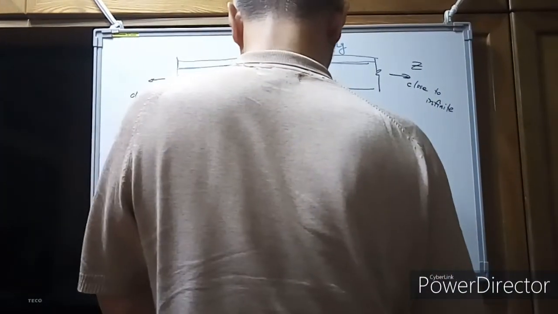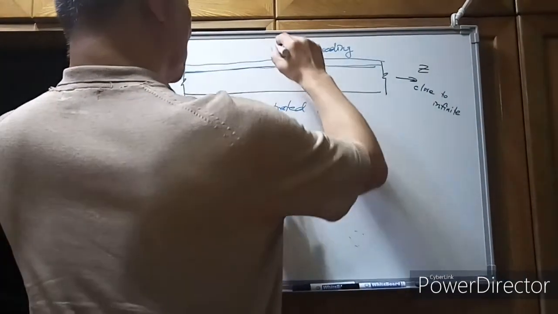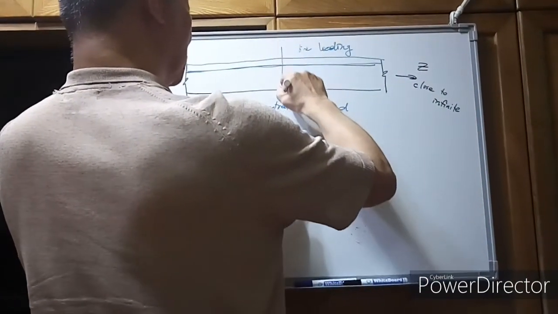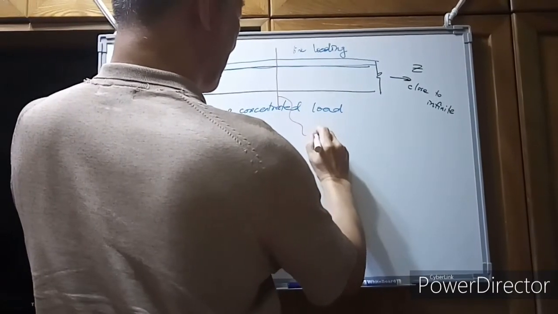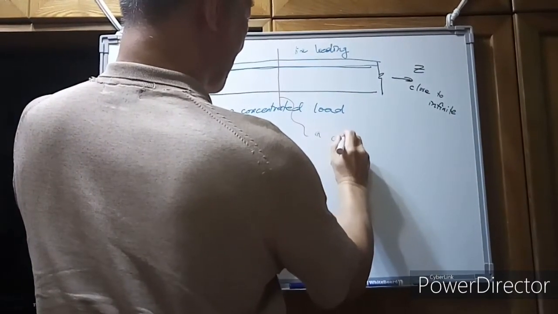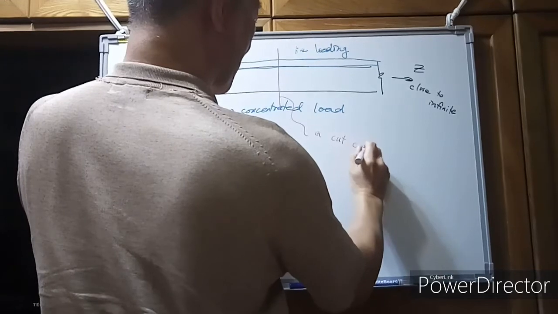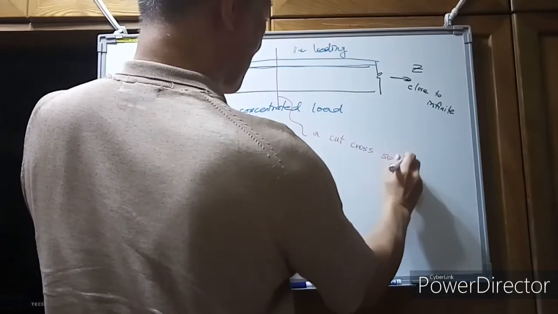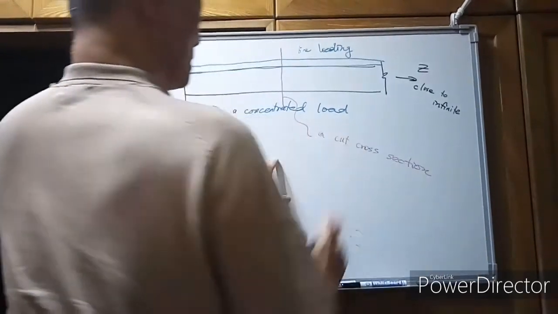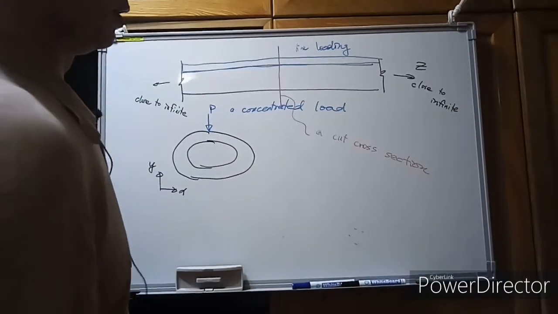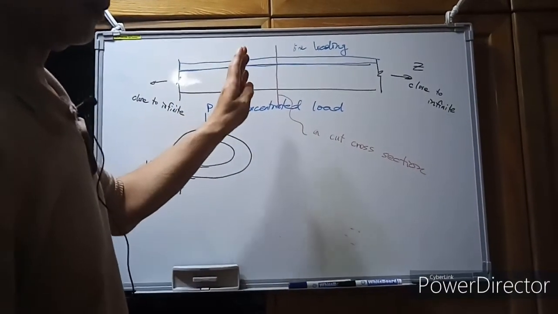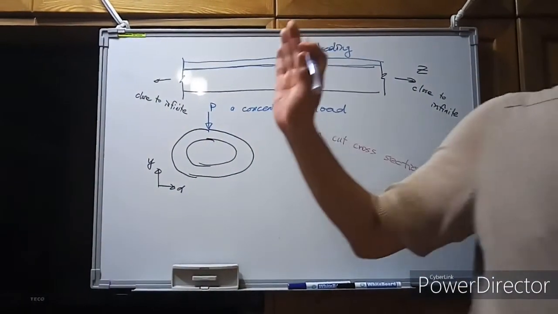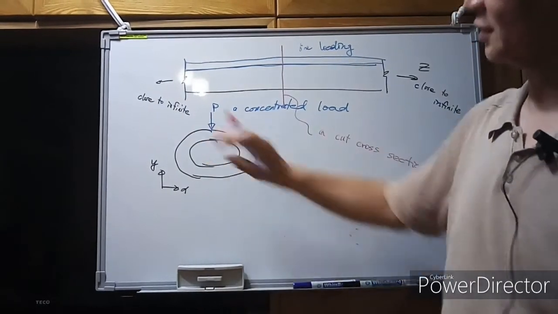If it is a cut cross section of the tunnel, my question is: consider the points on the cross section.